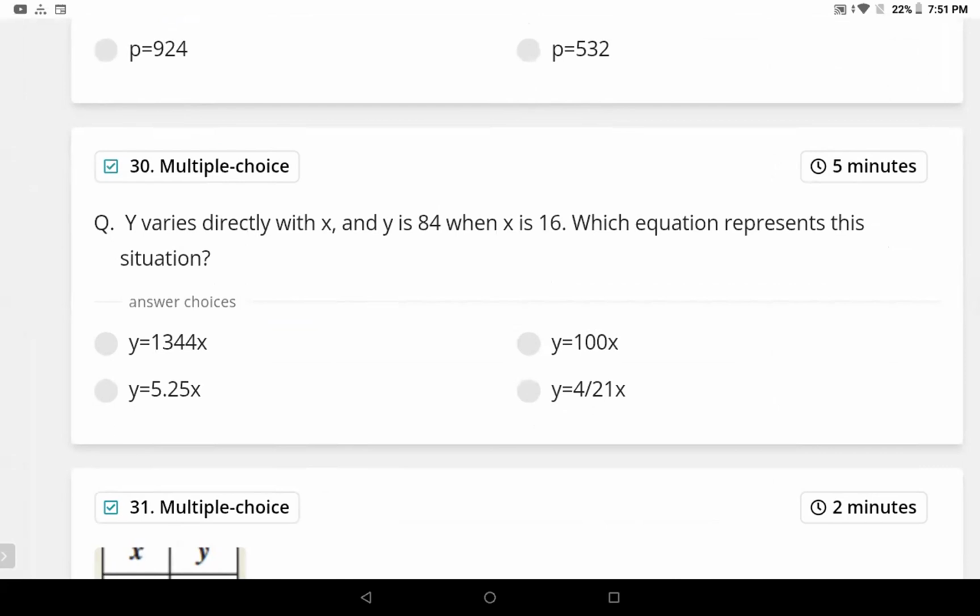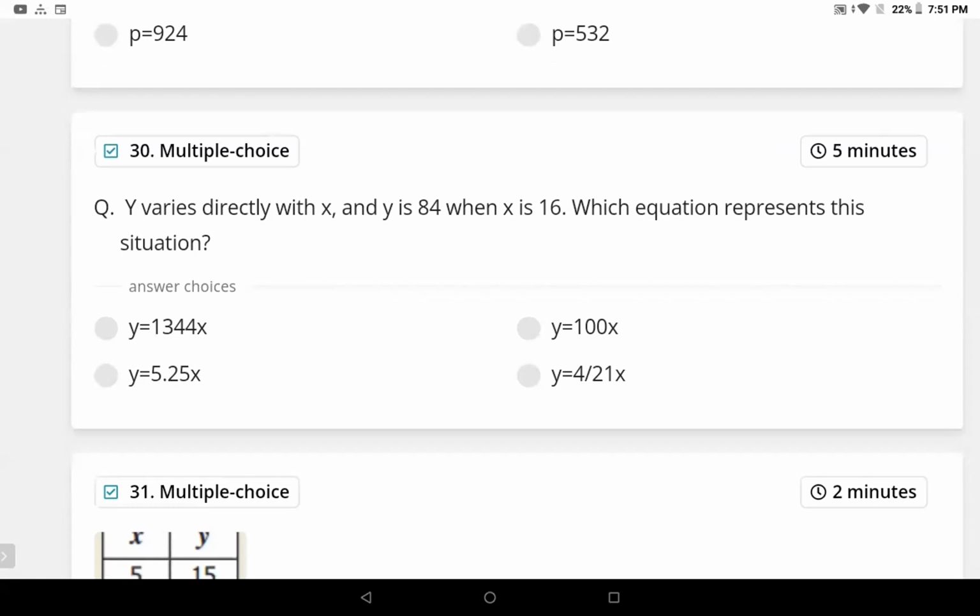How will you get this? Y varies directly with x, it is given. Y varies directly with x means what are you supposed to do? Here y by x, so 84 by 16. 84 by 16 is 5.25. Therefore, y equals 5.25x. Correct.